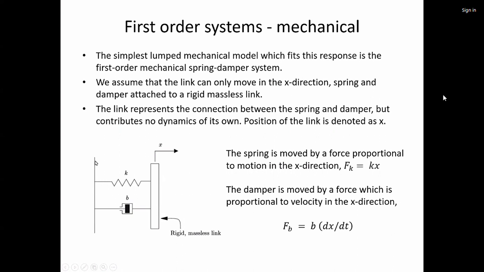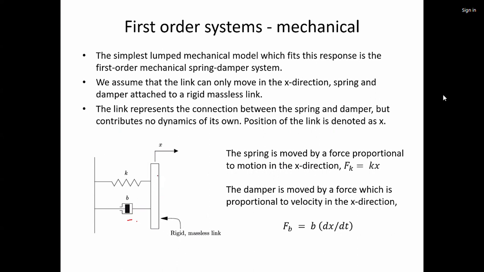So here, this is the fixed frame, and you have a spring, and here you have basically a dashpot, and these are attached to a link. Basically, the spring and the dashpot system are mechanically linked through this massless plate, you can say, right?